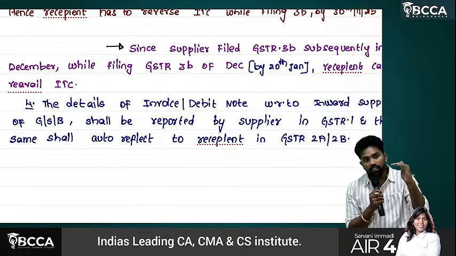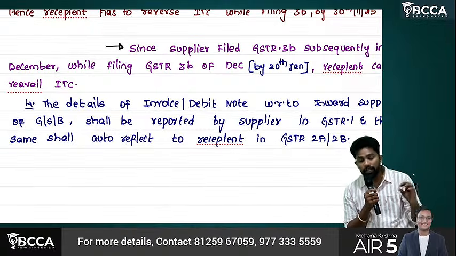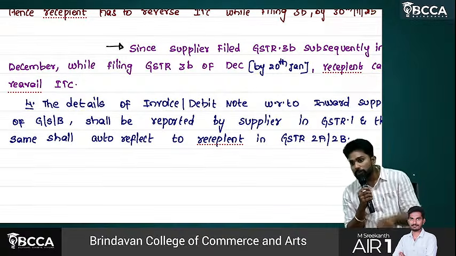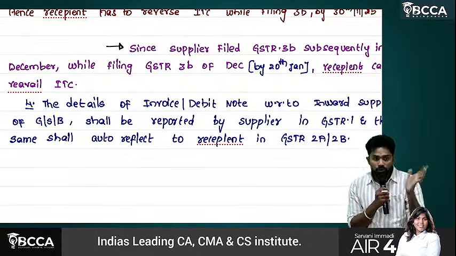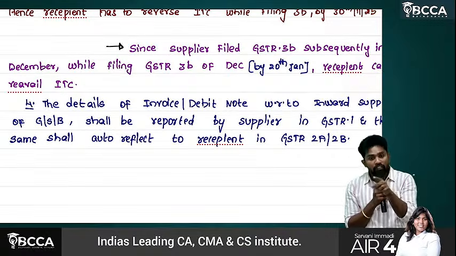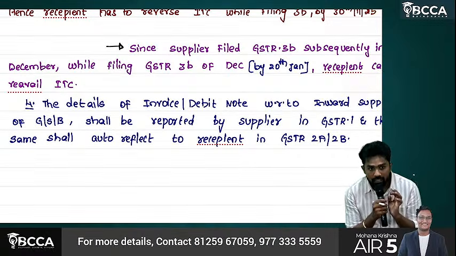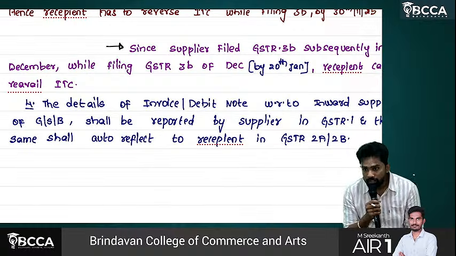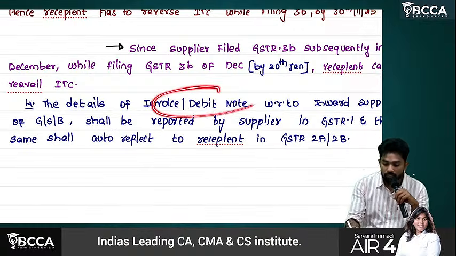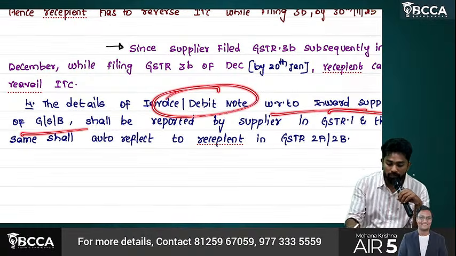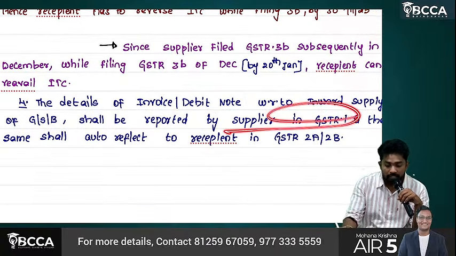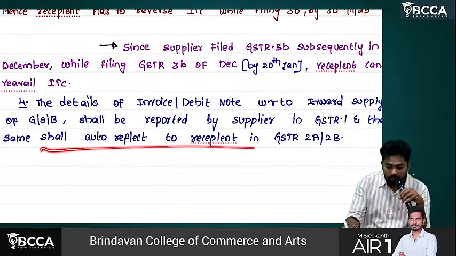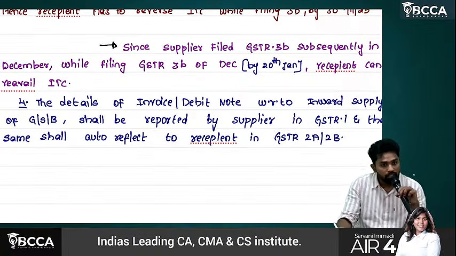Either in GSTR1 or in the invoice furnishing facility, the supplier has to upload it. Then it should reflect to the recipient where? In GSTR 2A, 2B. Okay? Only when it reflects there, the recipient can avail ITC. If any invoice is not reflecting in 2B, he cannot avail ITC. So the details of an invoice or debit note with respect to inward supply of goods shall be reported by the supplier in GSTR1, and the same shall auto-reflect in 2A, 2B.